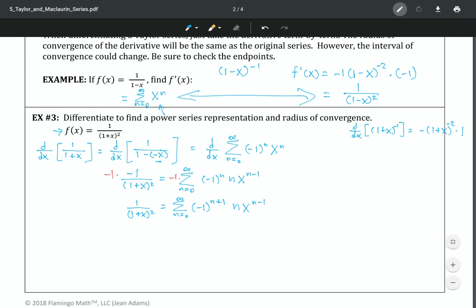Okay, so that's that for that. I found that power series that I was looking for. Technically that's part of my answer right here.